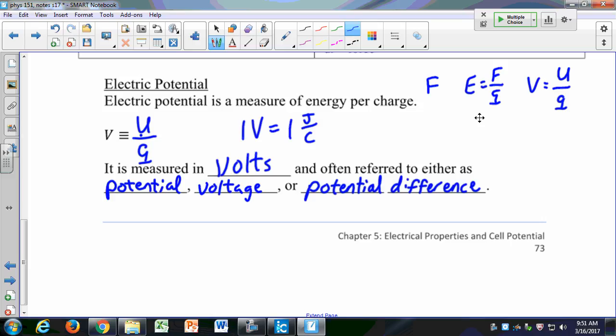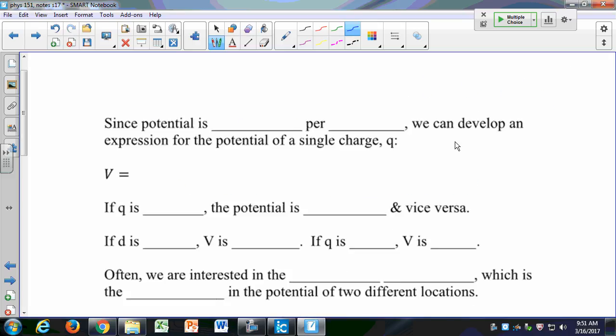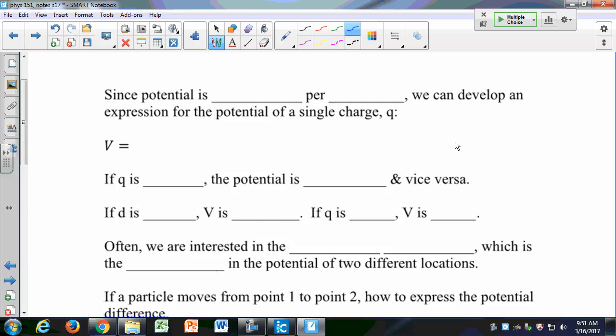We'll be able to calculate the potential, like we did for fields, for a single particle or a single position in space. However, the potential difference is the difference in potential between two different points in space. So they're similar, but also different.